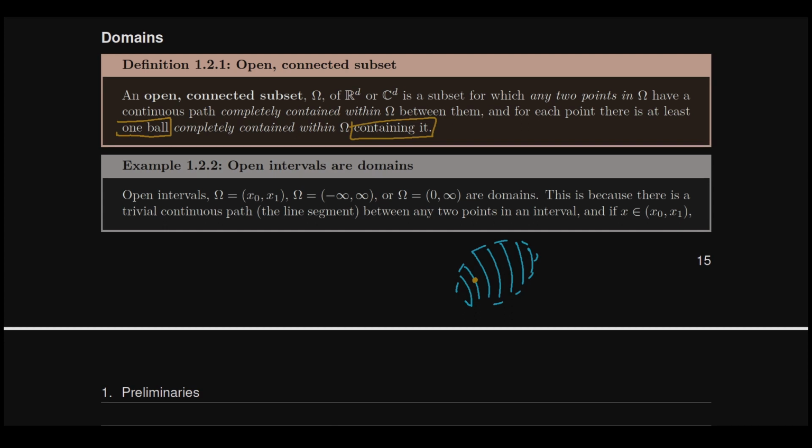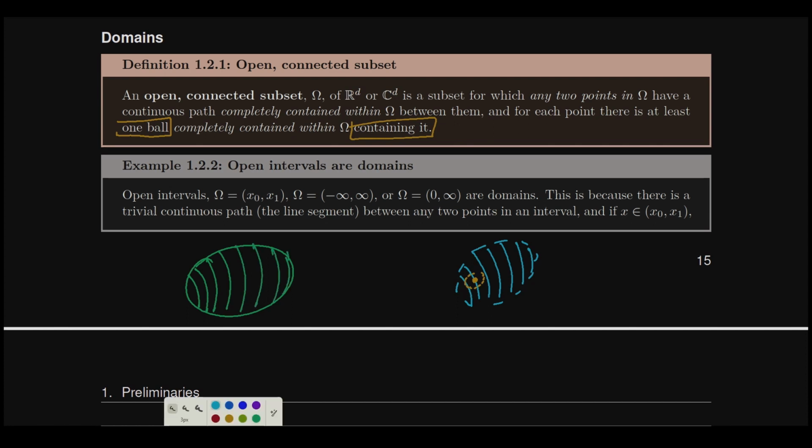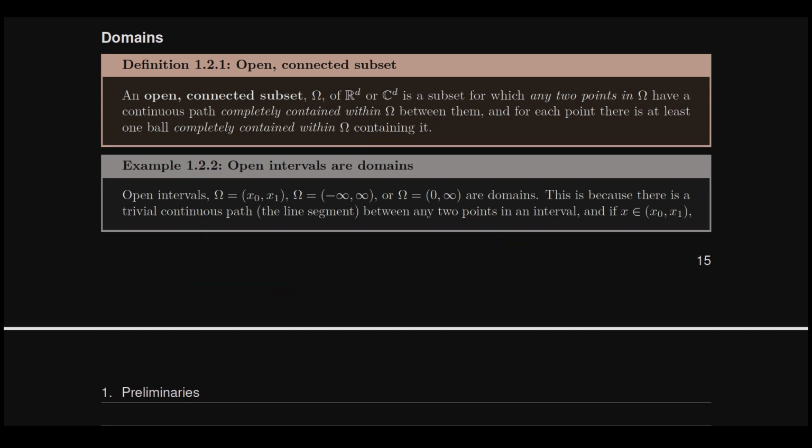So notice with this point, I can find a ball that encircles the point that also sits inside of omega. You can imagine a not open set would be an example like this, where I've actually closed the boundary, because if I choose a point on the boundary, let's choose this point here, no matter how small I try to make a ball around that point, I will always run into something outside omega, right? So to be open, we just can't include that boundary.